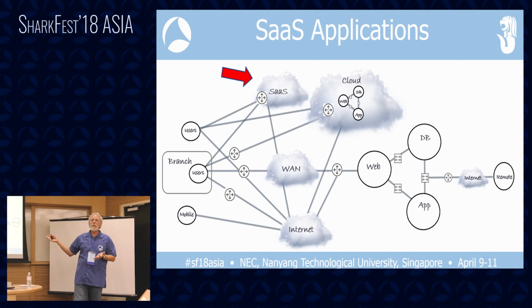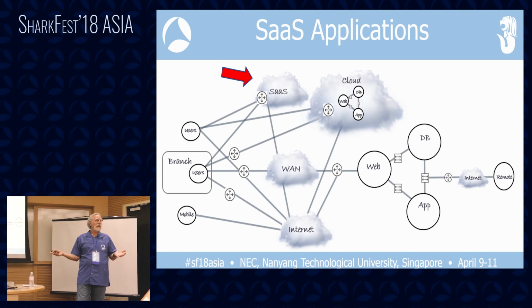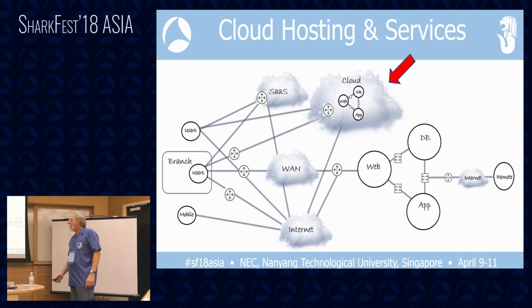We use Salesforce. I think almost every enterprise uses Salesforce in some form or another. How about Dropbox or Box.com or Workday, Office 365? All of these SaaS-based applications. So just about everybody has to deal with SaaS applications from a performance standpoint. And then you have cloud hosting and cloud services. So Amazon, Azure, VirtuStream. Can you think of some others?